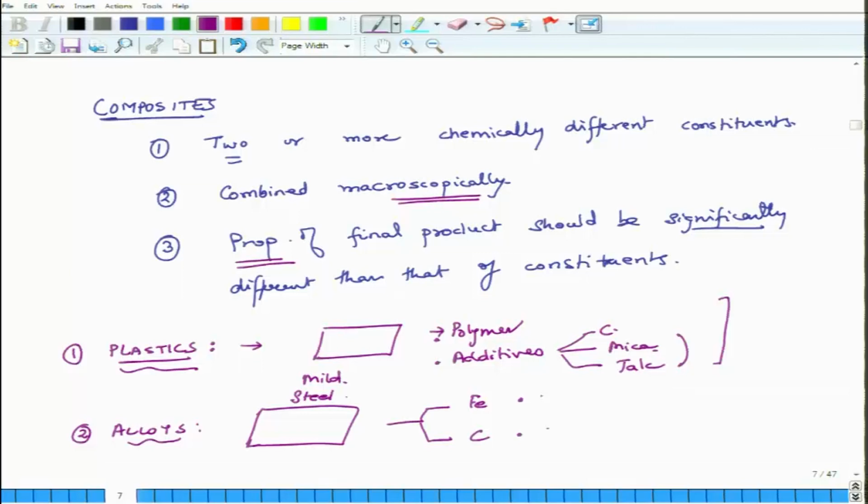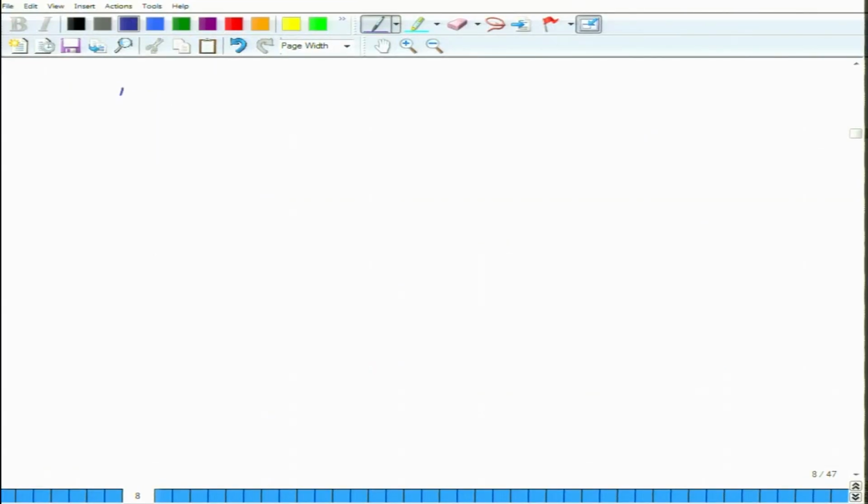Next, we will look at some of the applications of composites. Applications. So, let us start. For instance, composites are very heavily used in the automotive sector.